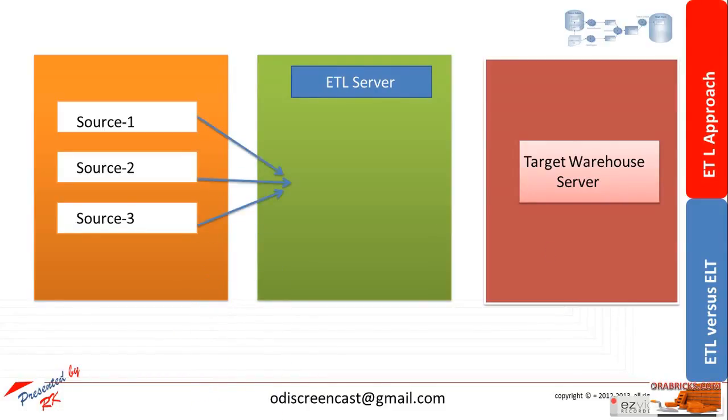Basically, you extract information from the source systems, you transform it on the middle tier server, and finally you load into the warehouse server. This is called the ETL approach, extract, transform, load approach, to build a data warehouse.